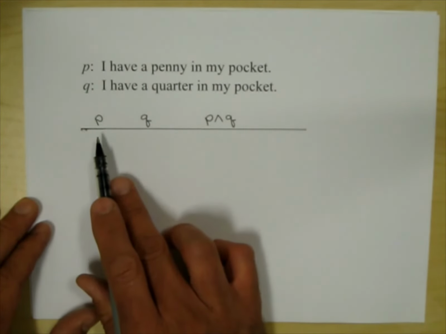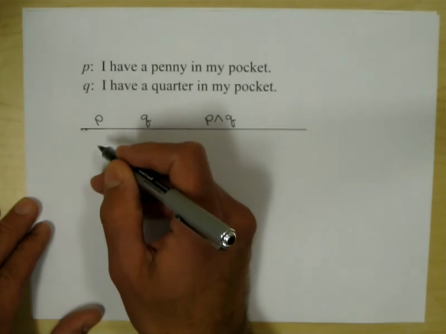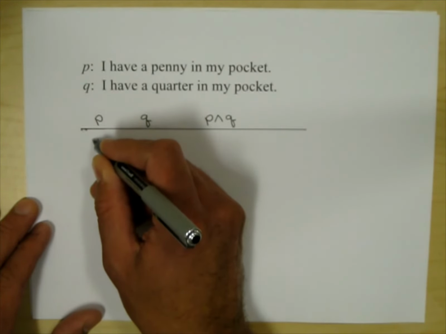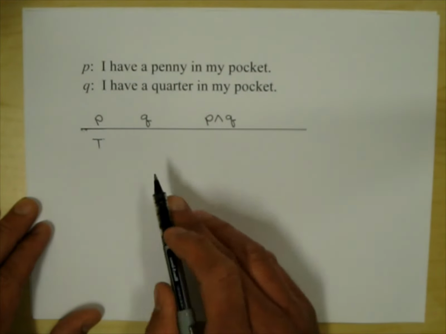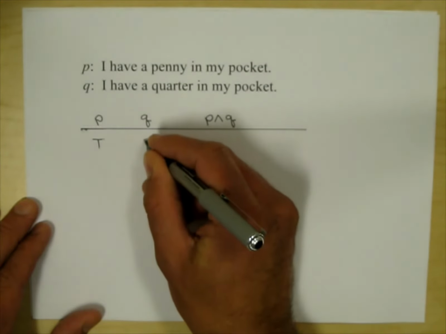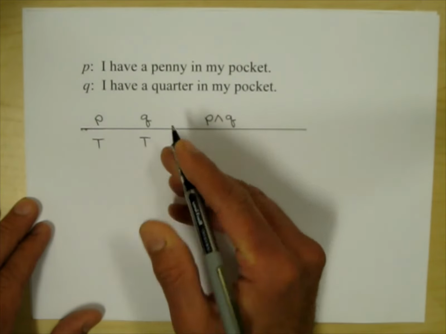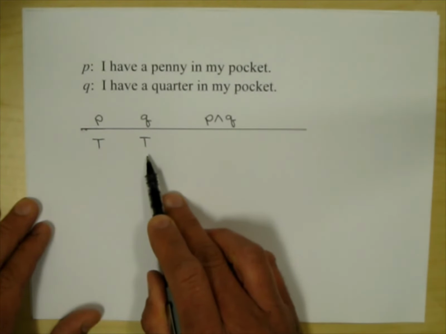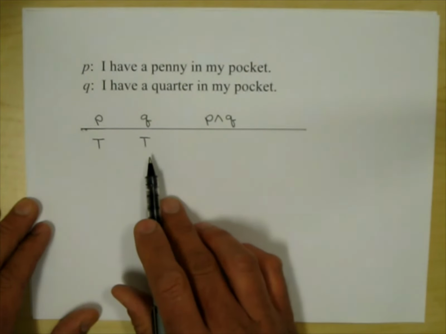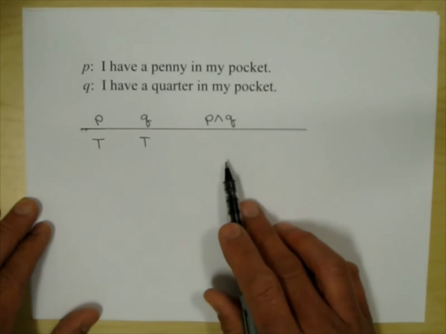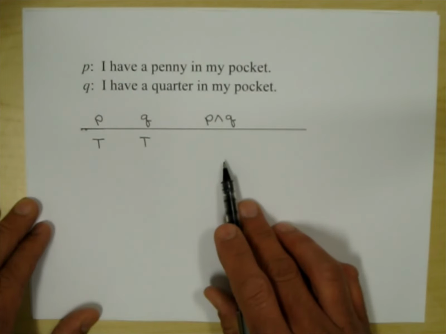Okay. Well, it could be the case that I have a penny in my pocket is true. So I have a penny in my pocket, and I could also have a quarter in my pocket. So that statement, Q, is true. So if I have a penny in my pocket and a quarter in my pocket, and I go up to you and say, I have a penny and a quarter in my pocket, am I telling the truth?